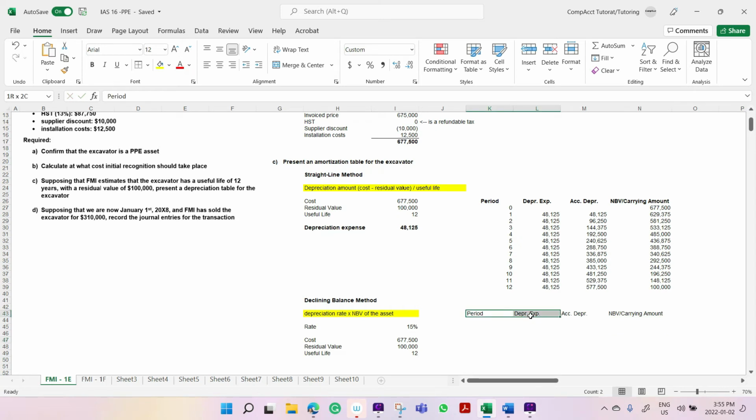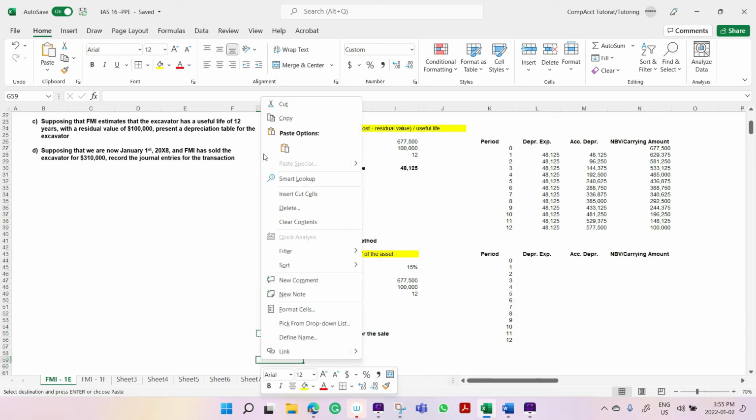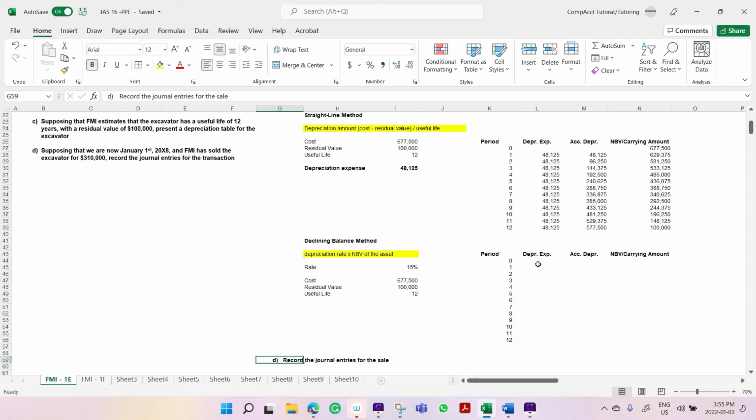Okay, so again, let me make that a little bit cleaner. Okay, so that's what we have here. I always like to start my tables with period 0, year 0, however you want to phrase that. And I'm going to drag that all the way down to 12. I'm going to have to push this down a little bit. Perfect.